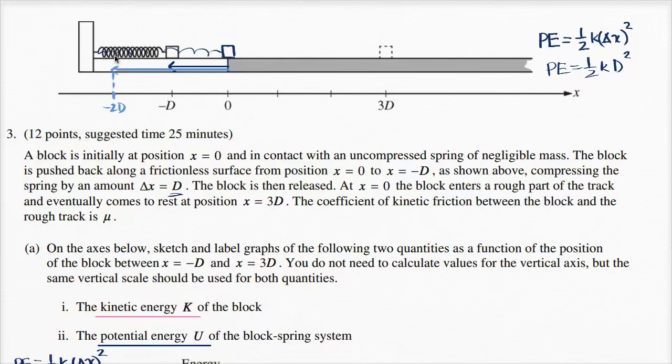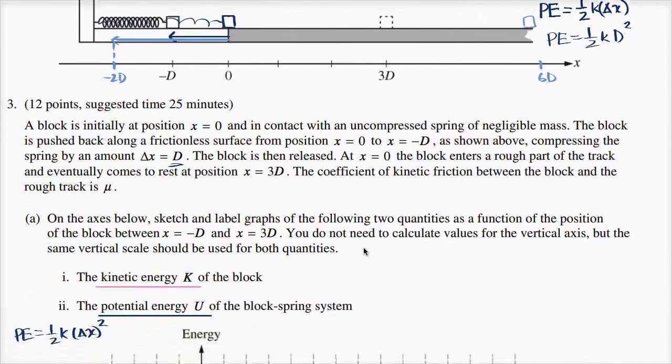And then all of that more potential energy is going to be converted to more kinetic energy once we get back to x equals 0. So not only will it go further, but they're saying it'll go exactly twice as far. Instead of going to 3d, we're now going to go to 6d.